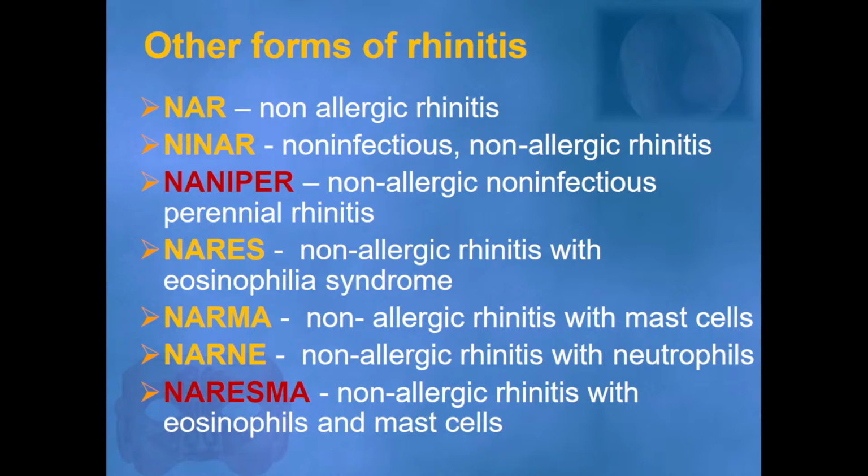It's a very big field for scientific work because, as you can see, there are a lot of forms of rhinitis: NAR, NINAR, NANIPER, NEAS, NARMA, NARNE, NARESMA. Non-allergic rhinitis, non-infectious non-allergic rhinitis, non-allergic non-infectious perennial rhinitis, non-allergic rhinitis with eosinophilia syndrome, non-allergic rhinitis with mast cells, non-allergic rhinitis with neutrophils, non-allergic rhinitis with eosinophils and mast cells.